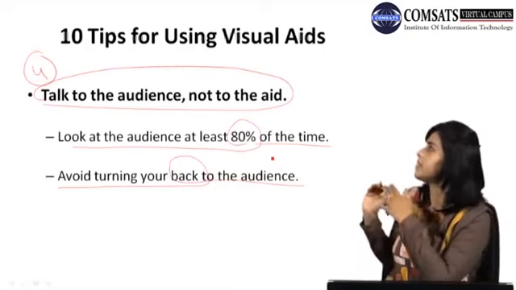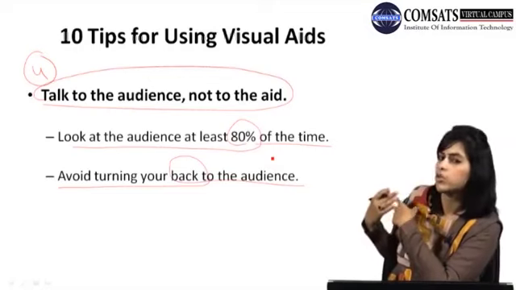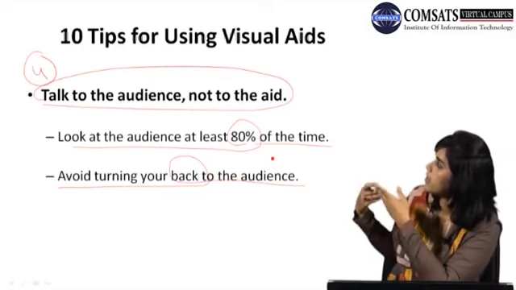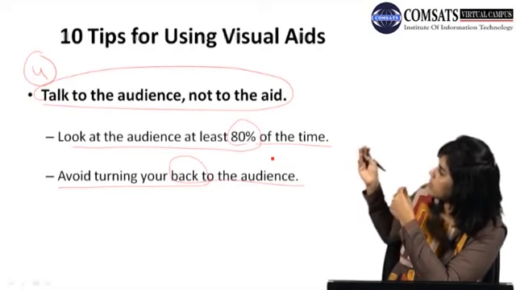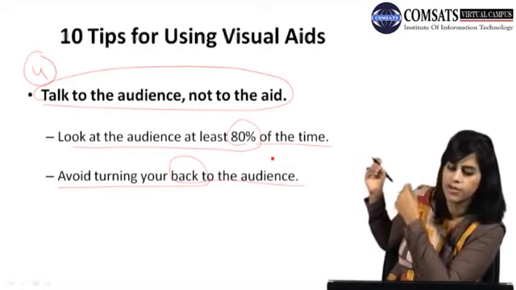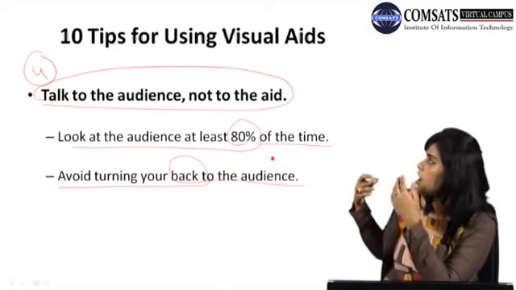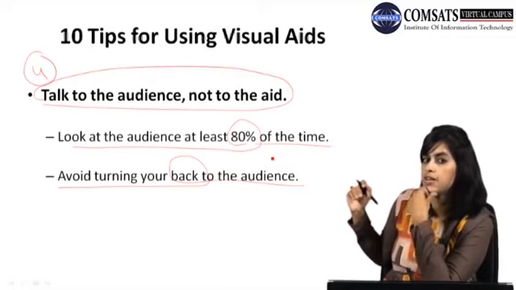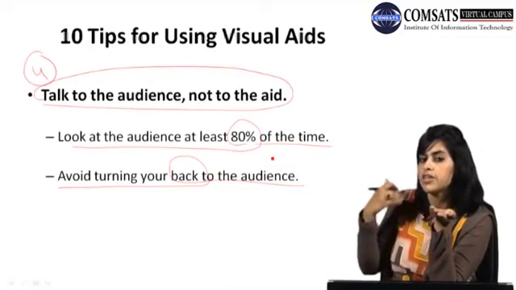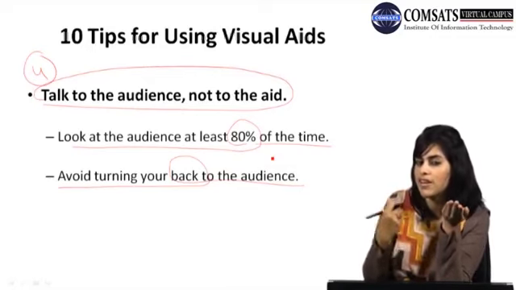Now if I turn my back towards the slide, that is going to give an impression that I am talking to the aid. Remember that you are talking to the audience, not to the aid. Do you understand anything? Does it give you an impression that I am not talking to you and I am talking to the slide?